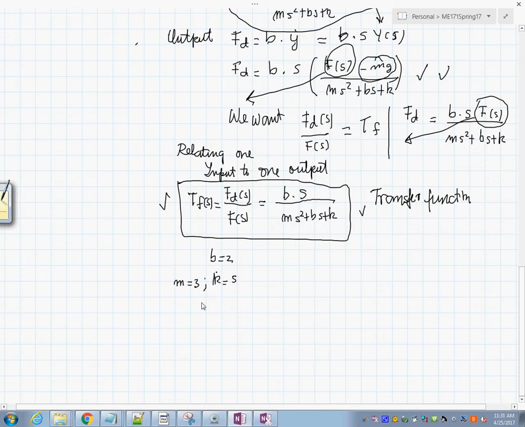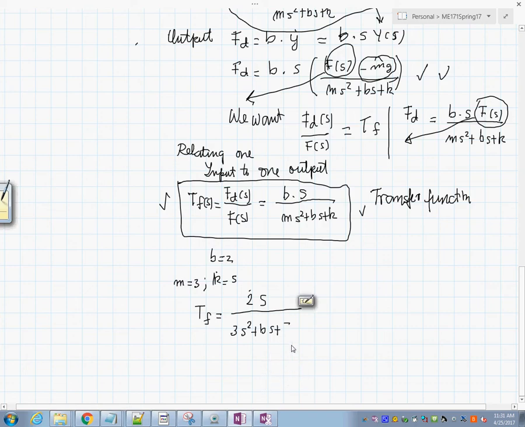So we have a transfer function that looks like this: b, which would be 2, times s, over 3s squared plus bs plus k, which is 5. This is the transfer function that we need to enter.